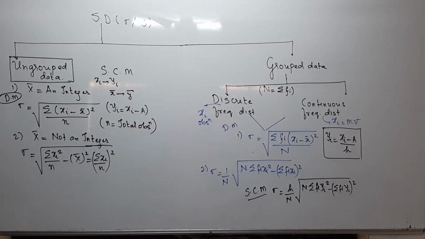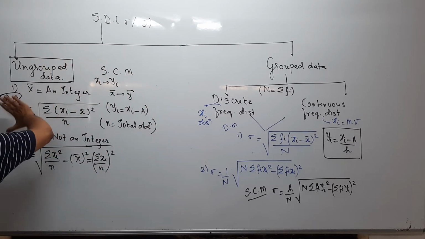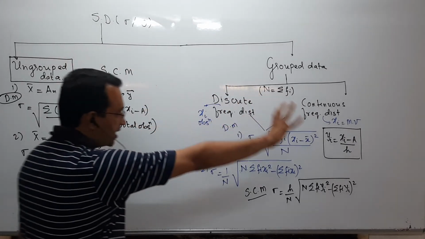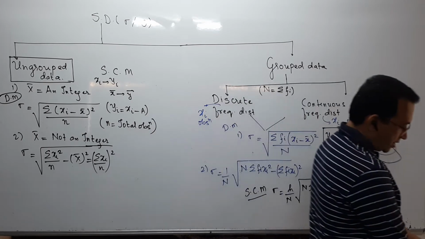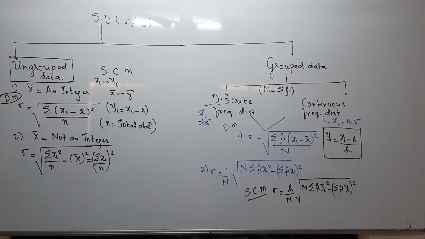So in this list of formulas, as far as ungrouped data is concerned, we prefer the direct method. As far as grouped data is concerned, and especially for a continuous frequency distribution, students, we always prefer the shortcut method formula SCM.